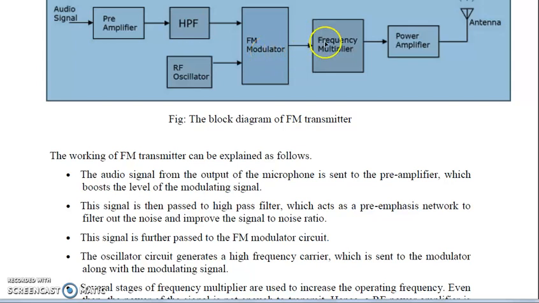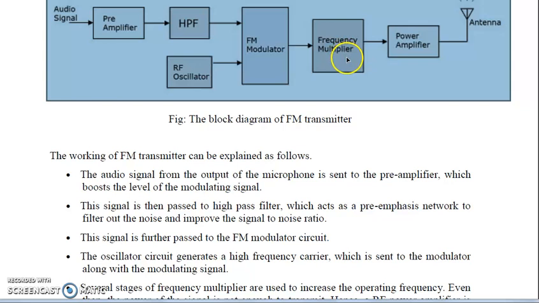The modulator output is passed through the frequency multiplier because the frequency output of the frequency modulator is not sufficient to travel through the channel or through electromagnetic waves in the air or space.